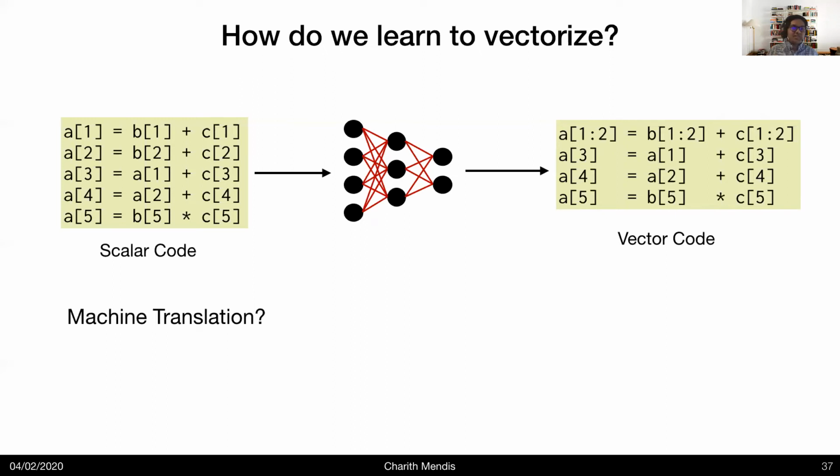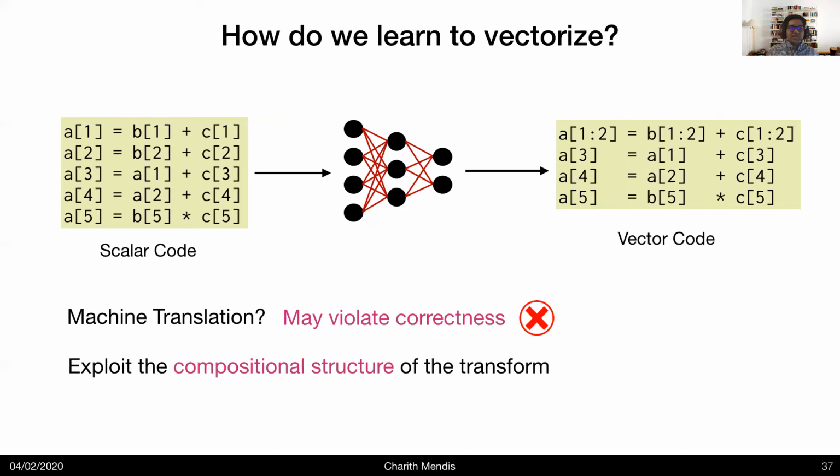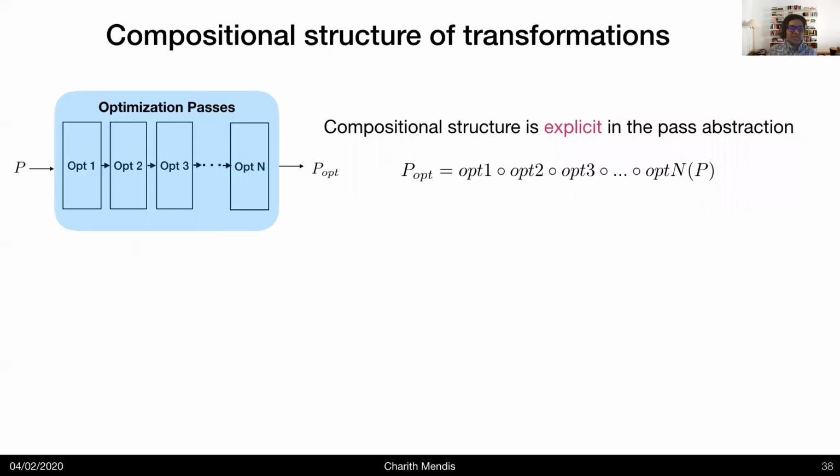However, this does not quite work because unlike in NLP, we have to guarantee correctness in any compiler transformation. So what I do instead is exploit the compositional structure of the transformation. Compiler developers have been exploiting the compositional structure mainly at the pass abstraction level.